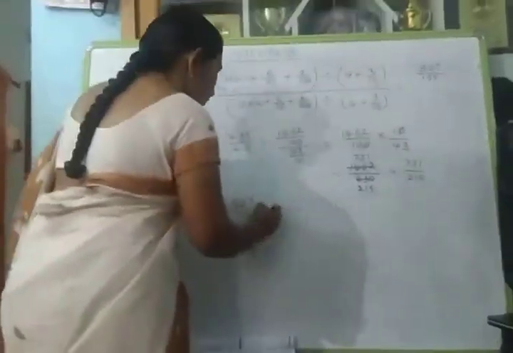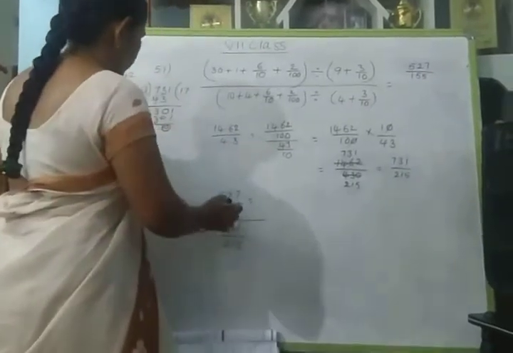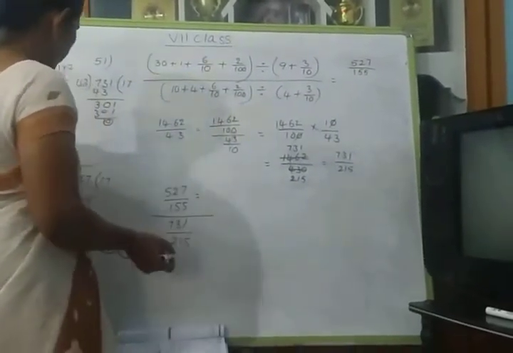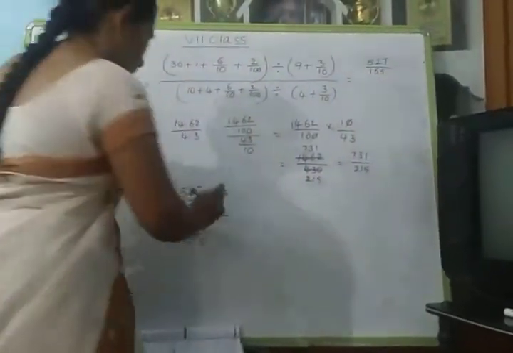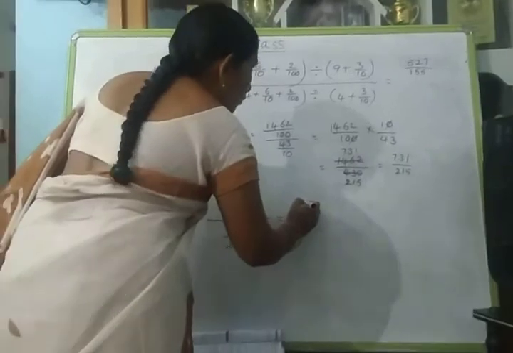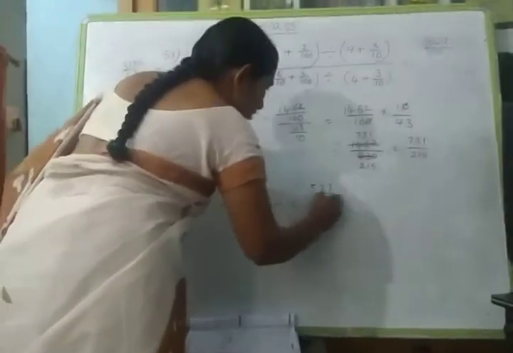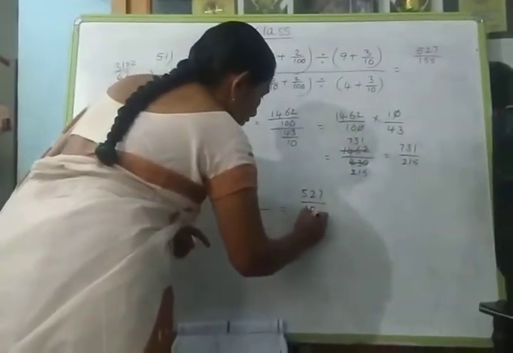Look here. If you simplify this still, you get 527 by 155.